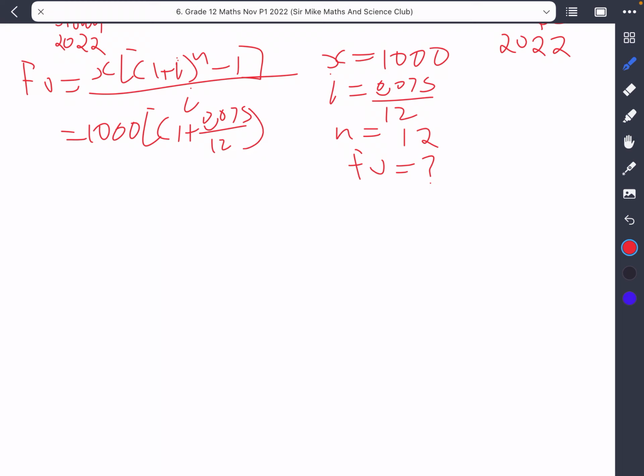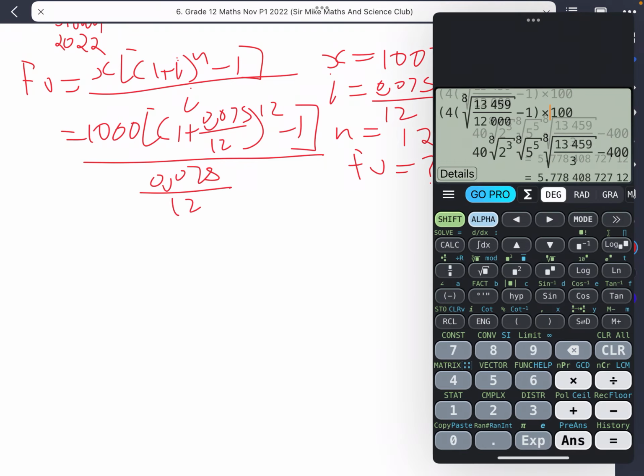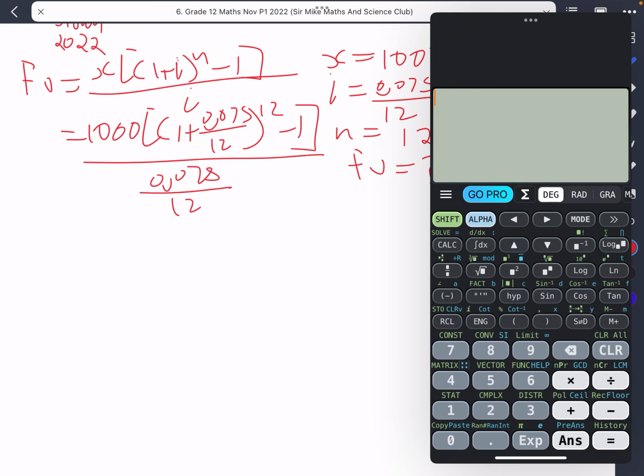I think we pretty much have everything. FV is what we are looking for. I'm just going to erase what we have down there so that we have somewhere to write. We are looking for FV, and we know that X is given as 1,000.